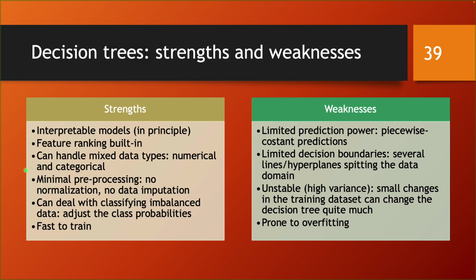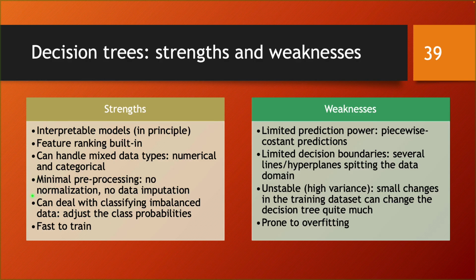You can have features in your data set that are numerical, and you can have features that are categorical, and decision trees can handle them just as easily, because it can ask with the same sort of effort questions about categorical features, answering yes or no to the question, for example, is the color of your car red, as it is easy to ask something about a numerical feature, for example, the amount of savings you have in your account, and you would ask, is it larger than whatever threshold, or is it smaller than that?